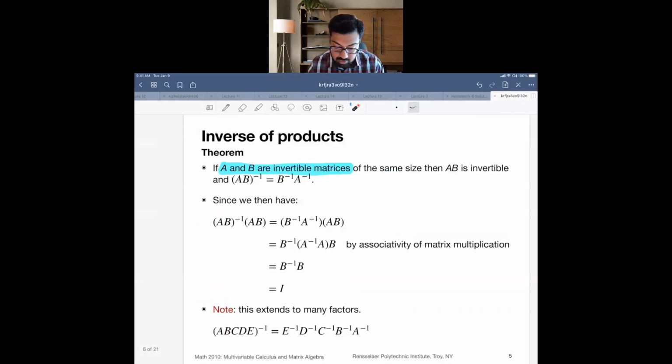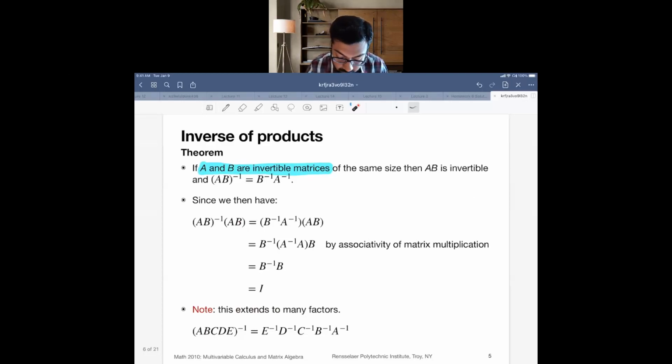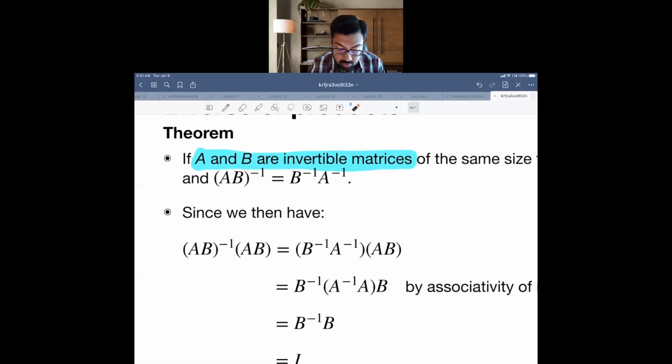Let's see, if I go here, okay. So if I wanted to do this, multiply A and B first. I've already assumed that A is invertible, B is invertible, and they are of the same size. If I assume all of that, and I'm now trying to find A times B and then invert the product, the theorem says it is going to equal B inverse times A inverse.